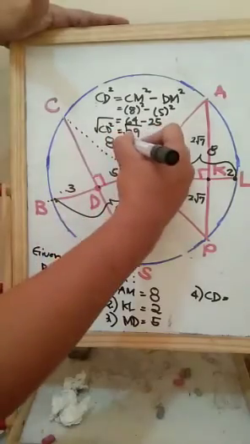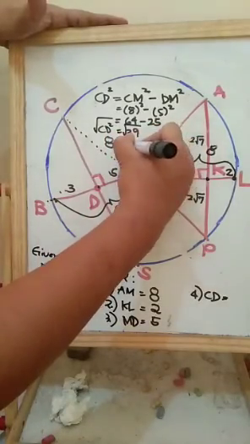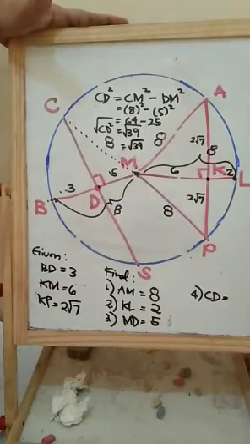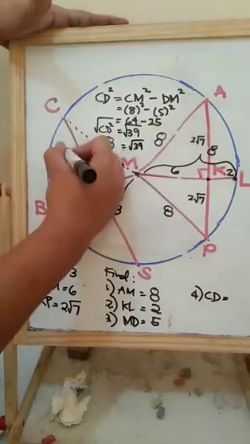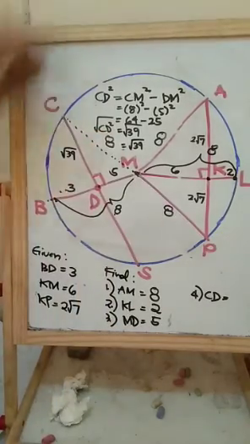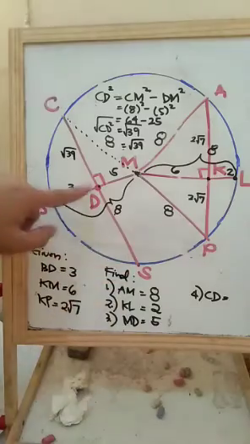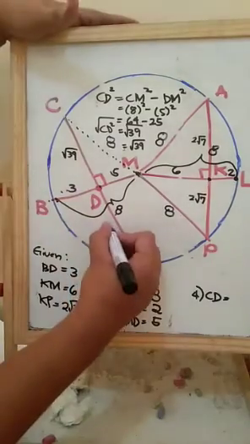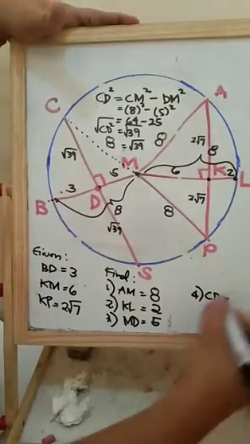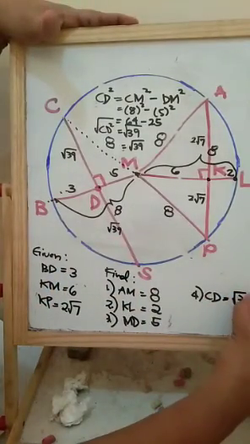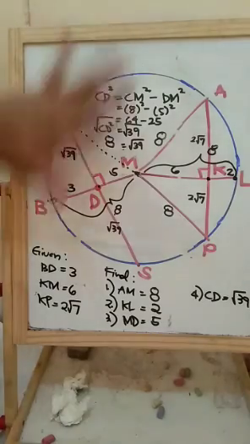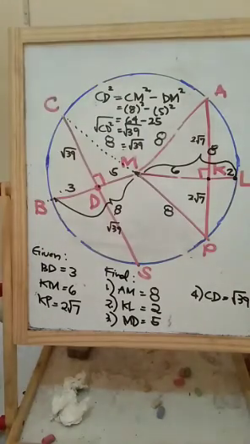So, ayan na yung final answer, square root of 39. So, CD here measures square root of 39. Now, if you're also asked for the measurement of DS, this would also measure square root of 39. So, ganun siya. Medyo komplikado itong example na to.